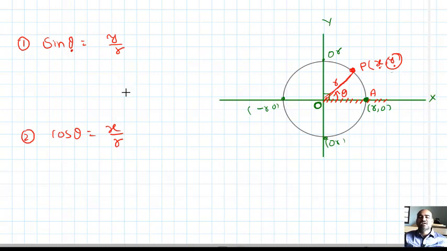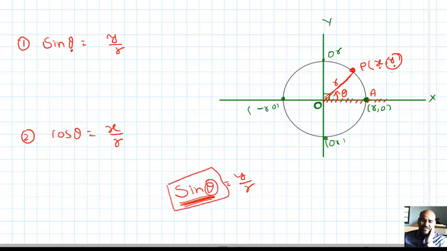Students, important: finding the domain and range of basic trigonometrical functions is very important. All of you observe here, sin theta equals y by r. Now I want to find the domain. Domain means the values of theta for which this is defined.